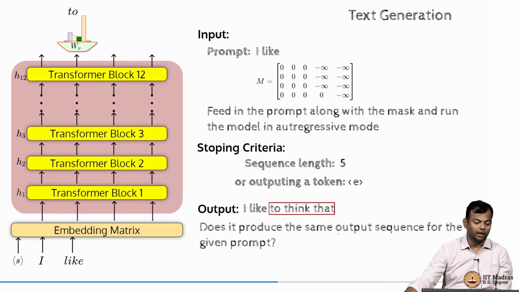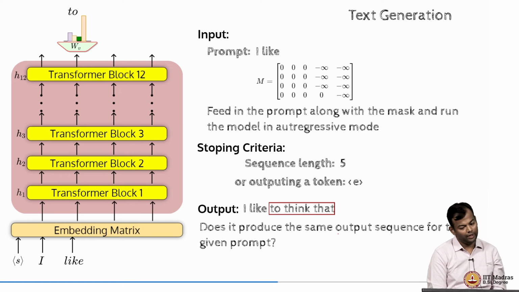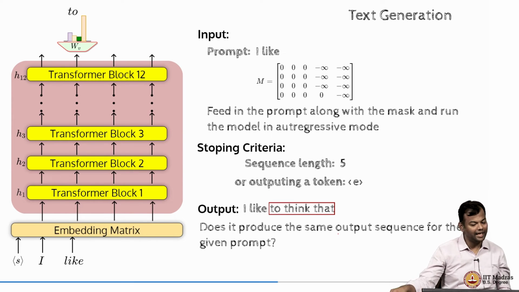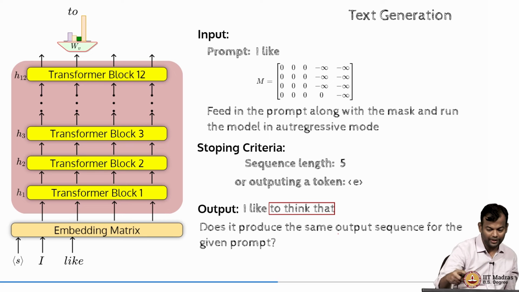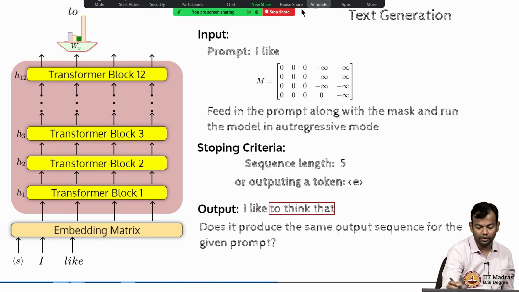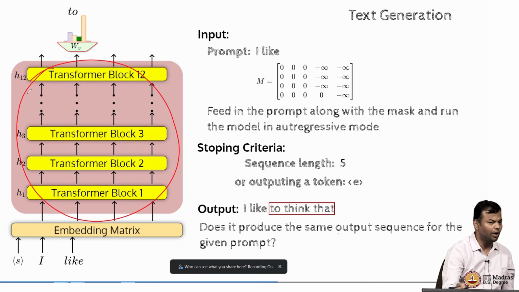Now, will it produce the same output sequence for a given prompt? Every time I give it "I like", will it generate "to think" only? If it has generated that once, will it always generate that? Because it is deterministic, right? Once you give "I like", whatever computations happen here are all deterministic.